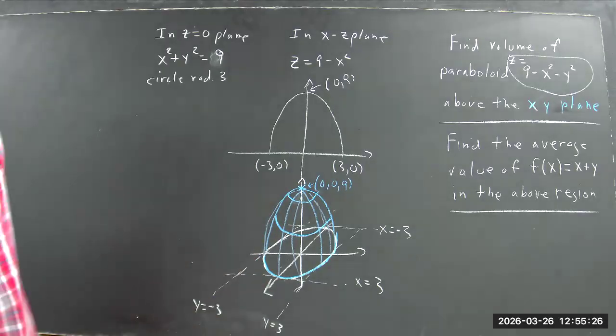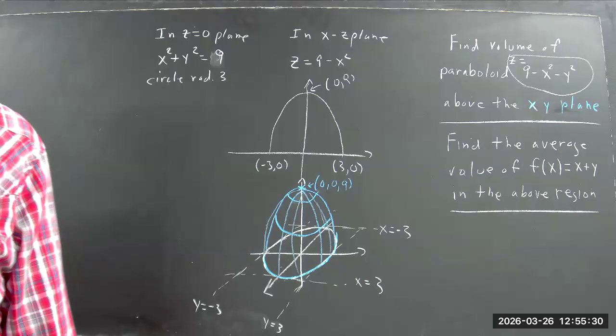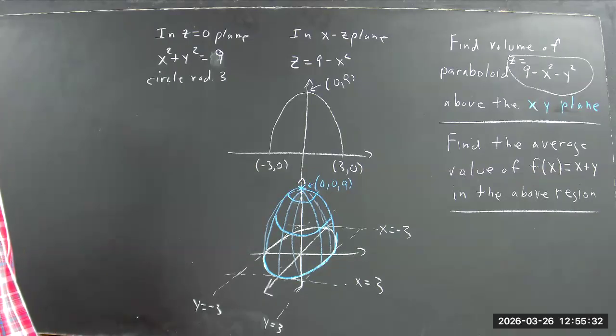The blue gives us a reasonable approximation of the picture, okay? If you don't have the picture, you're unlikely to figure out how to set up the integral because you won't have a picture to refer to when you try to set up the inequalities.